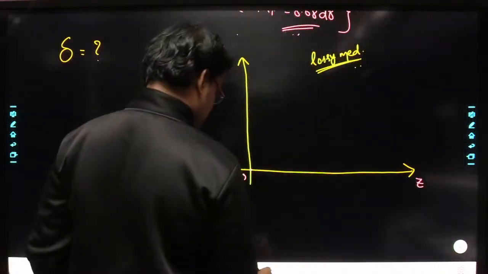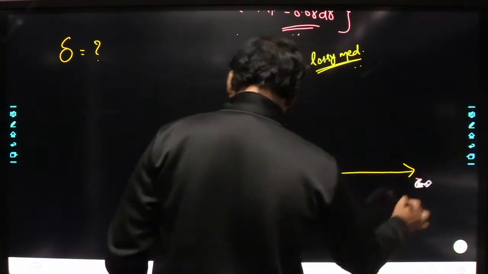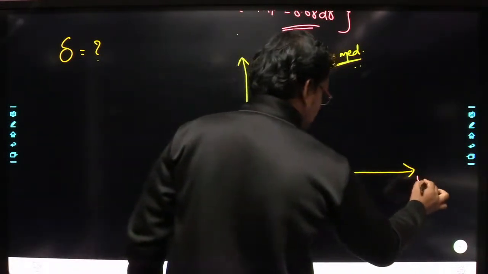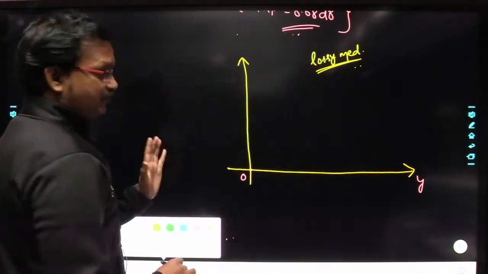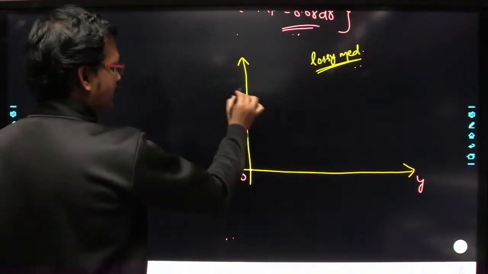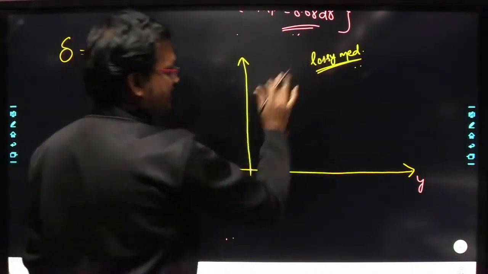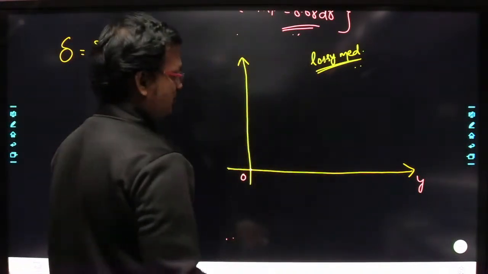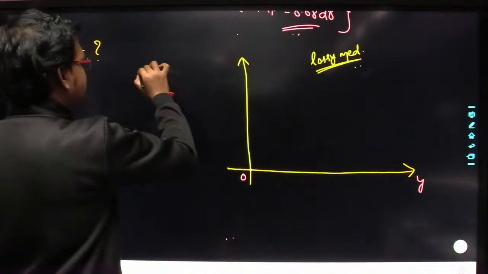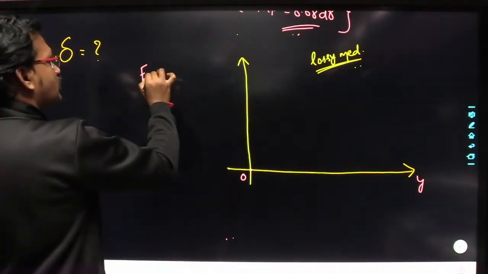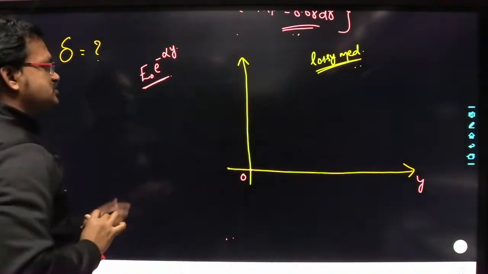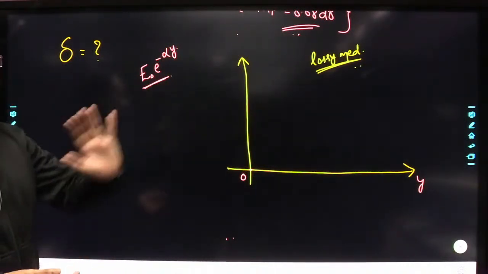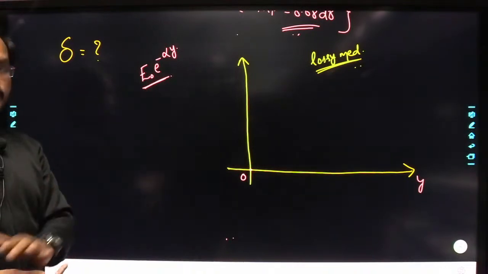So let us consider this direction as y. Right. Okay. So the amplitude of the electric field in a lossy medium is going to decay exponentially. Yes or no? So generally the amplitude of the electric field will be E naught into e power minus alpha into y. So this is the amplitude of the electric field in a lossy medium. It is going to decay exponentially.